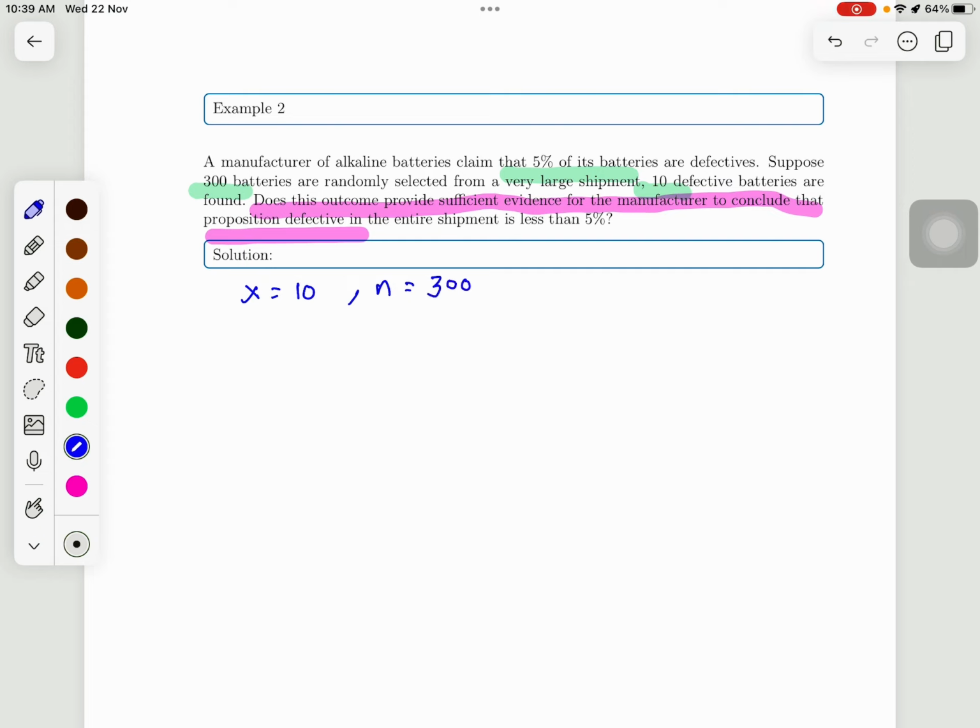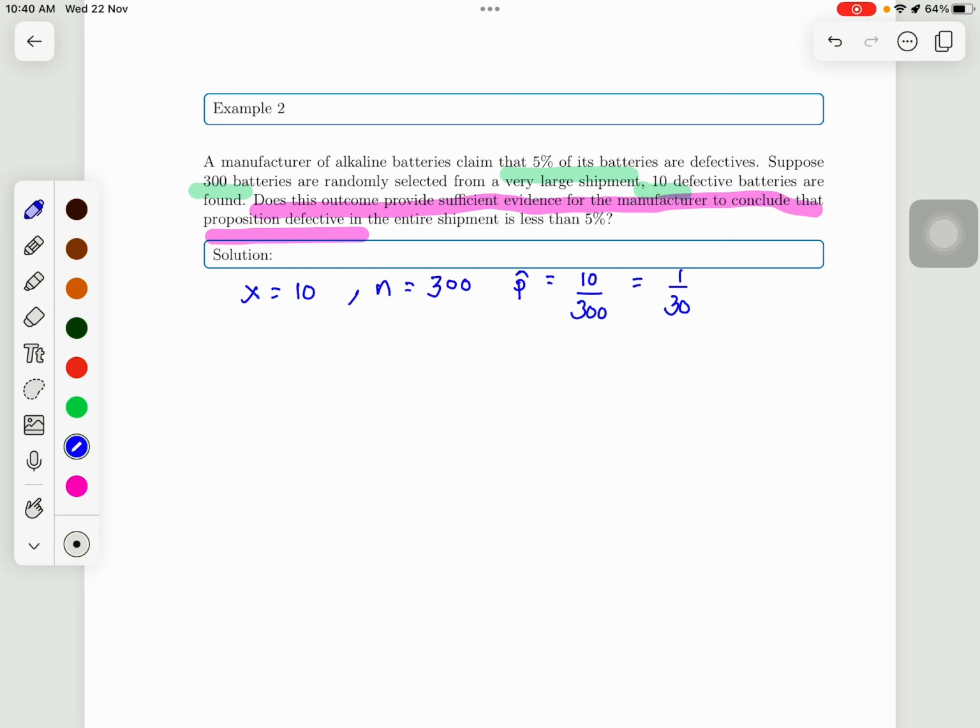Okay, so what does the problem say? So we can calculate our p hat, which is 10 out of 300, or 1 over 30. So the claim is 5%, but the proposition is less than 5%.